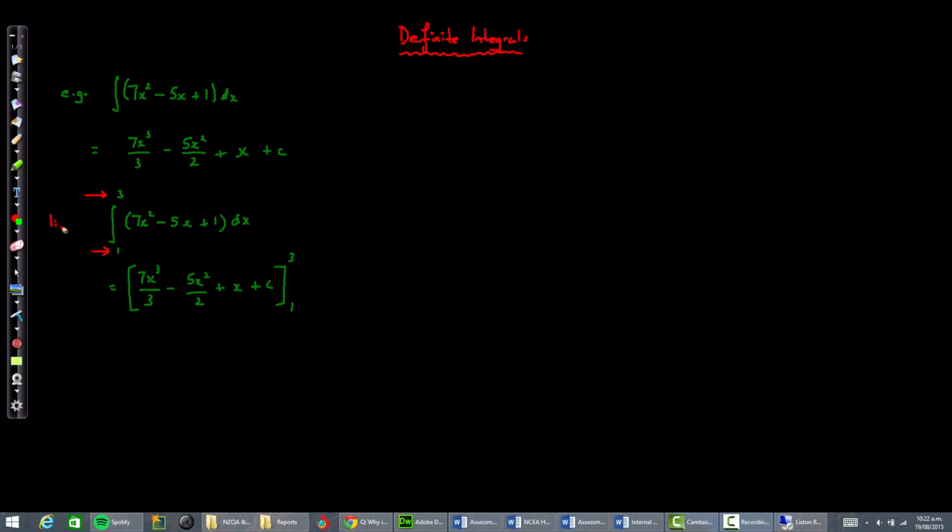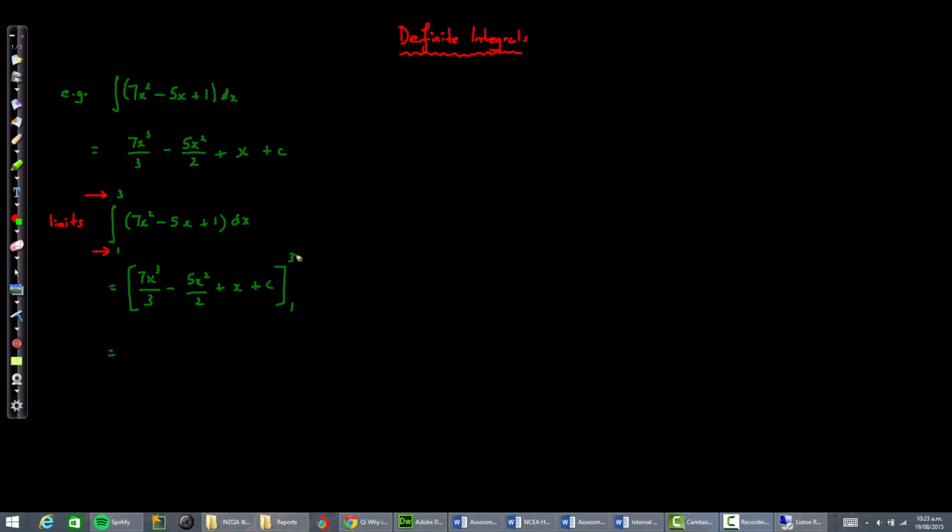And yes, it is connected to the idea of limits, but I'm not going to go into that for now. Okay, so what does it mean? What do you actually have to do with these? Well, I'm just going to show you the process at the moment, and then we'll talk about a general definition of what should be done.